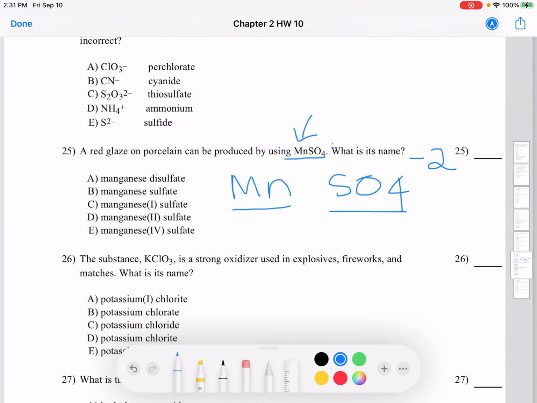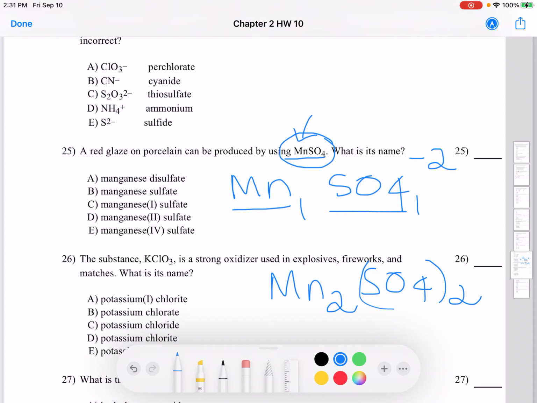Okay, and our formula is given as MnSO4, meaning the ratio for manganese to sulfate is 1:1. This is an ionic compound between manganese ion and sulfate ion. In ionic compounds, we normally do not write Mn2SO4 2. If you have the same coefficient, you would cancel it and then you write it as MnSO4, right? So sulfate we know from the polyatomic ion chart is -2.